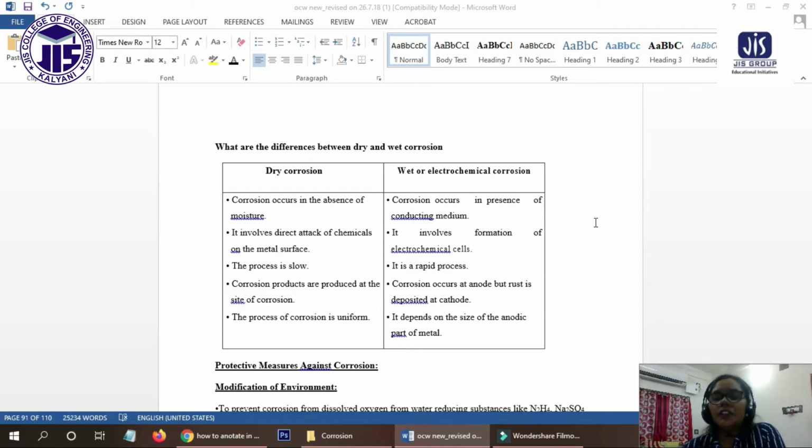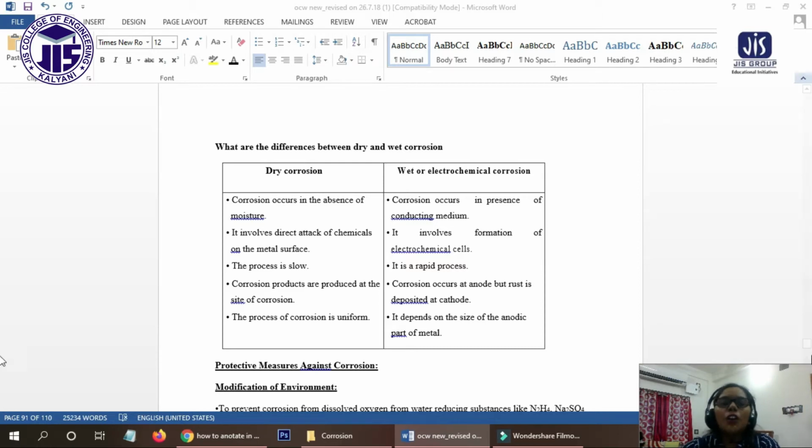There are two types of corrosion that we have, one is dry corrosion and one is wet corrosion, and also we have seen the electrochemical theory of corrosion, that is the reaction mechanisms of wet corrosion. So up to this we have discussed.